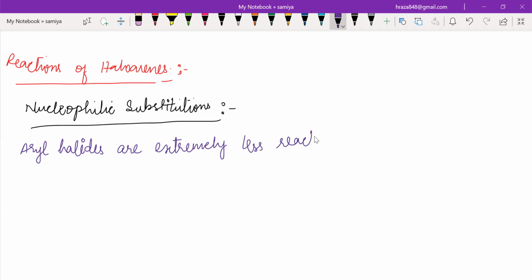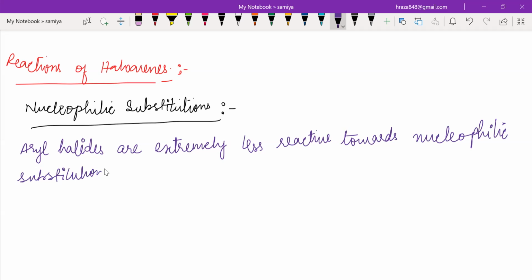Aryl halides are extremely less reactive towards nucleophilic substitution reactions due to following reasons.